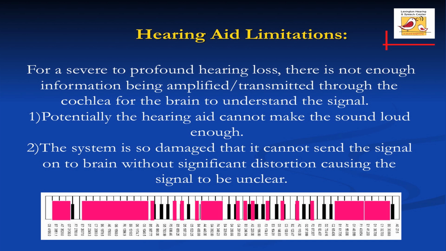The system may also be sending that sound through with significant distortion due to the amount of hair cell damage, because the hair cells give us the fine tuning of the sound that is sent up to the brain. And if large areas are damaged, then it's like a piano with broken keys, and the music is not the same when it reaches the brain.